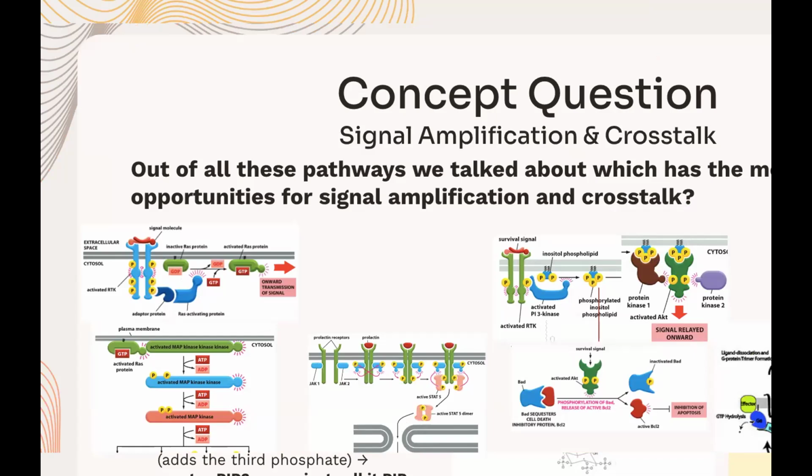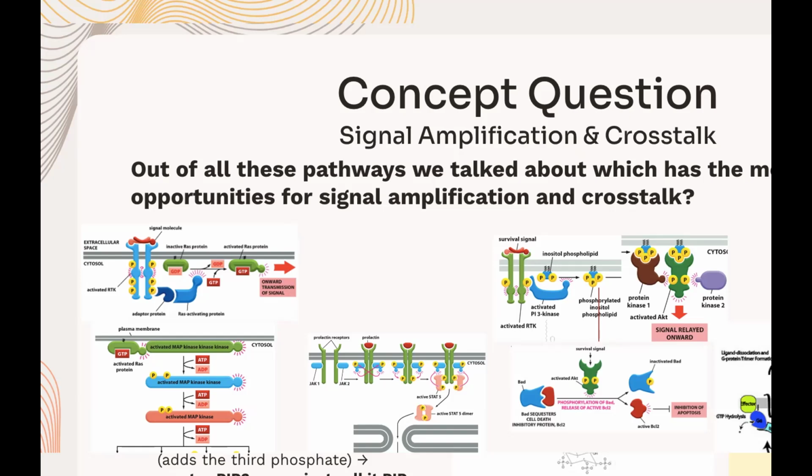All right. Out of all the pathways we talked about, which do we think has the most opportunities for signal amplification and crosstalk? So I put pictures of them here. It might be kind of hard to see. So I'll do 1, 2, 3, and 4. And also, do the pathways that have the most signal amplification and crosstalk have more or fewer steps?